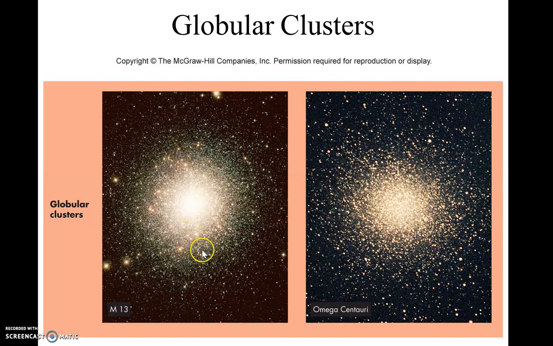All right, there's some nice pictures. This is probably the most famous one that you can see pretty easily. M13 is in the constellation Hercules. I'd have to show you a picture of Hercules, but if you look at the constellation Hercules, there are two stars on the left hand side and two on the right hand side.